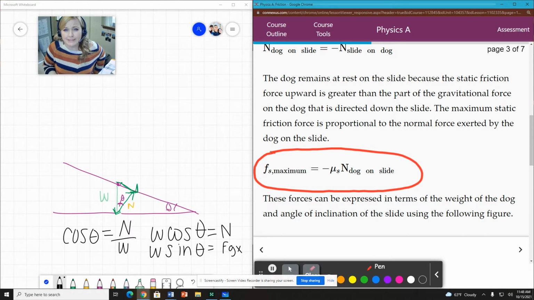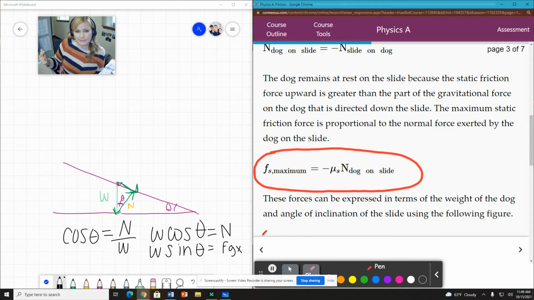Static friction depends upon the mass or the weight of the object. If an object weighs more, it has more friction with its surface. So we can measure static friction as mu times the normal force on the dog. It's dependent upon how hard that dog's pushing on the ramp, right? And we use the normal force here because it is pushing down. So that's our definition of static friction.